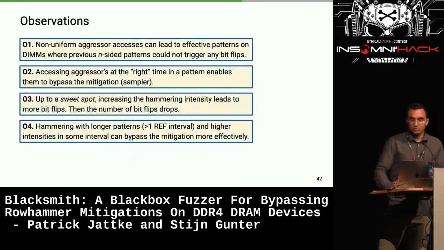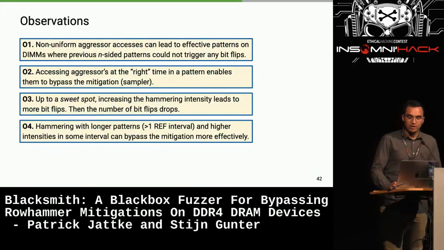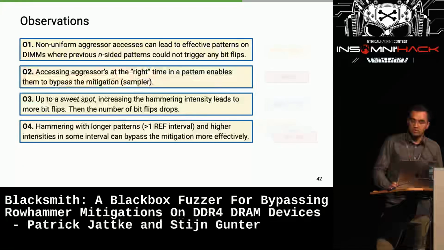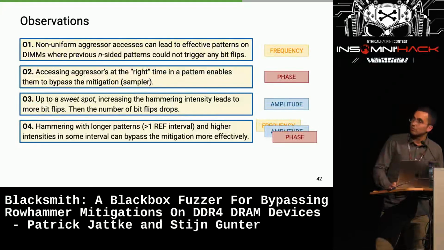And based on these 4 observations, we came up with a general model to describe this new class of patterns. We found out that the concepts of frequency, phase, and amplitude nicely match these properties. For example, the phase is where in the refresh interval we hammer a pattern, the frequency is how often we repeat hammering, and the amplitude is how intensely we hammer the aggressors.